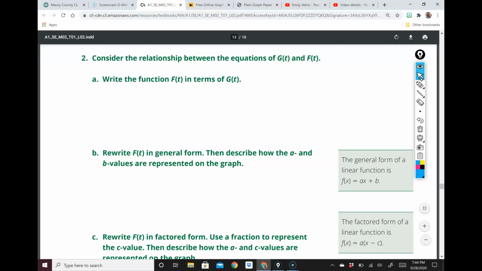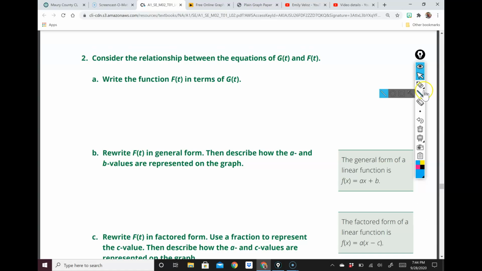So that was number 2, part A. f(t) equals g(t) minus 35.